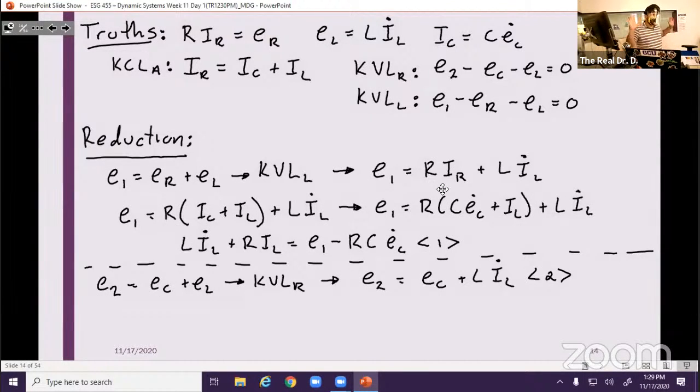So just leave it. So we've got a couple options here, right? Because I want one single unifying equation in terms of I_L, right? So either I have to solve equation 2 for E_C, and then take the derivative of E_C so that I can plug that into the E dot C equation, which is not impossible, right?